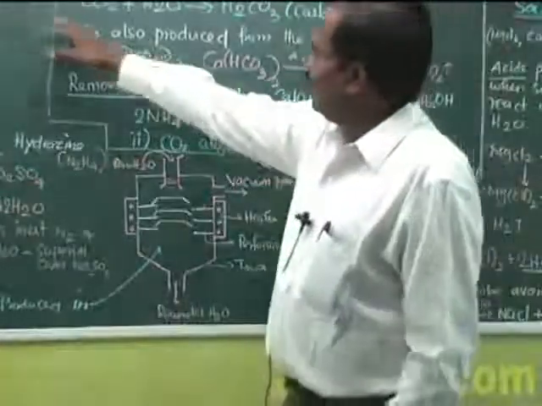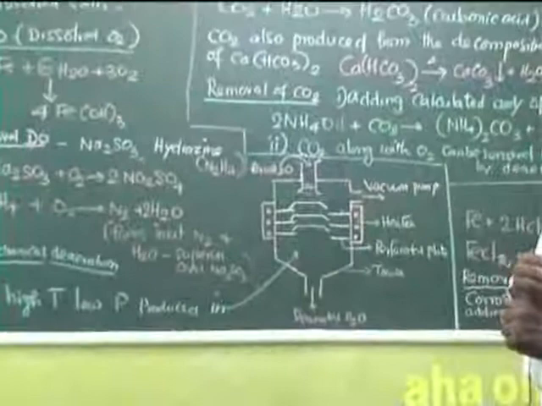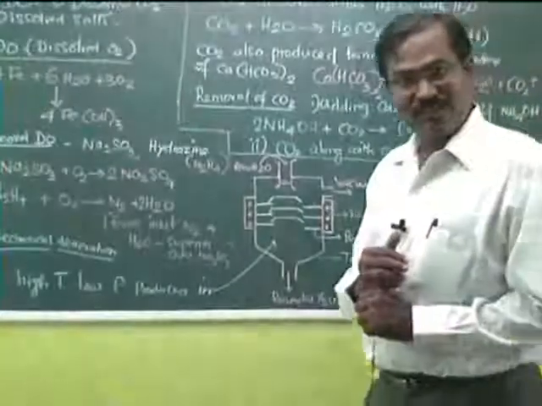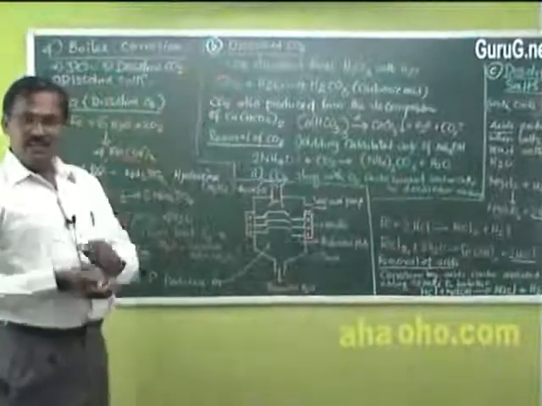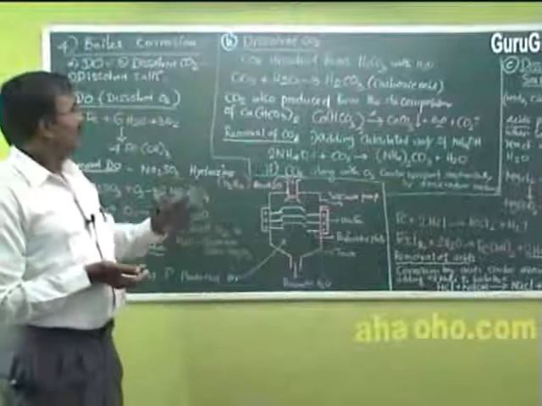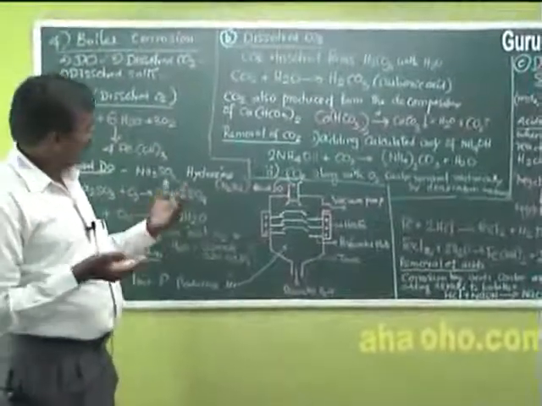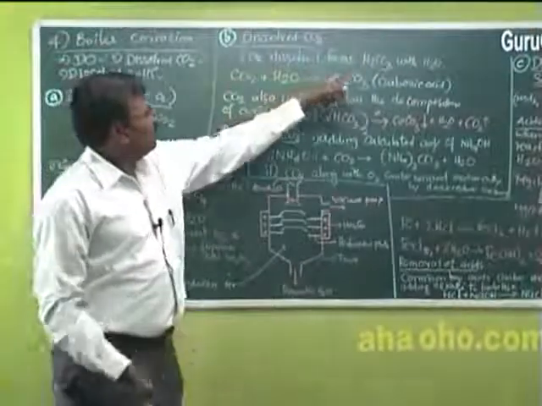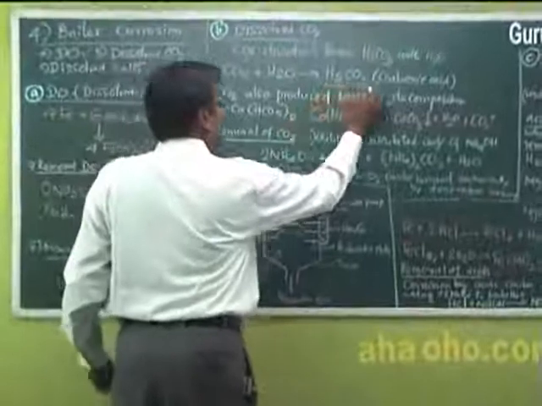So the second component responsible for boiler corrosion is dissolved carbon dioxide. All we know, carbon dioxide is acidic. Carbon dioxide present in water, reacting with water, forms H2CO3, carbonic acid.